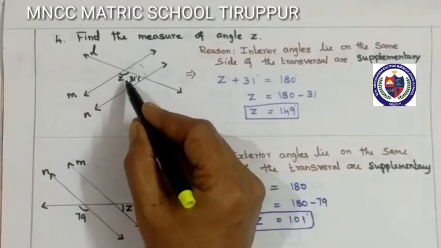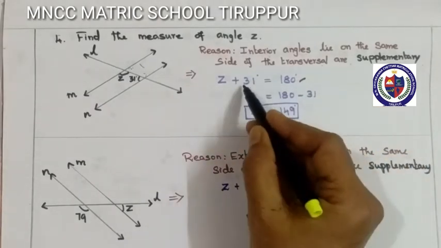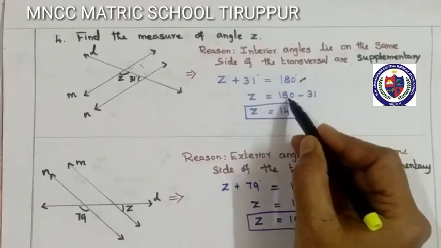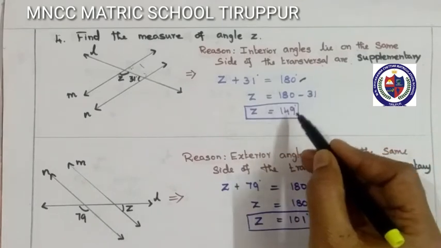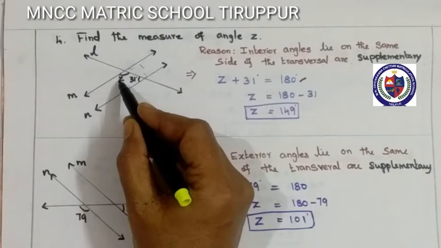So Z plus 31 equals 180 degrees. Plus 31 goes to the other side as minus 31. So 180 minus 31, we get 149. So this angle is 149.